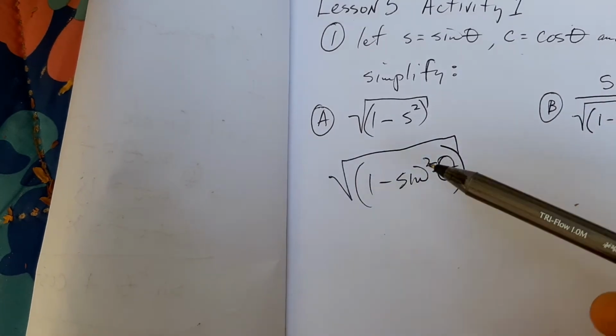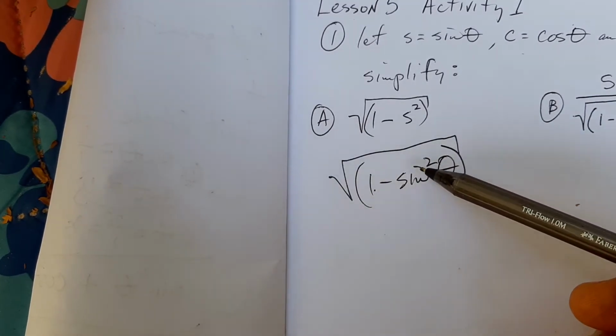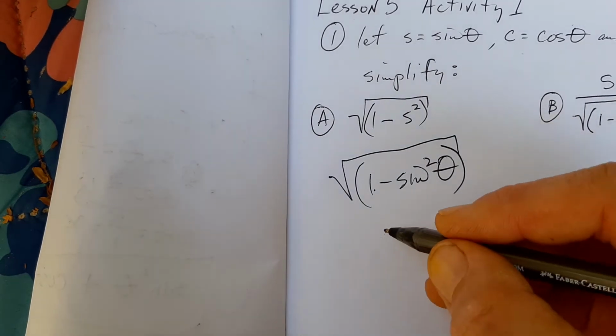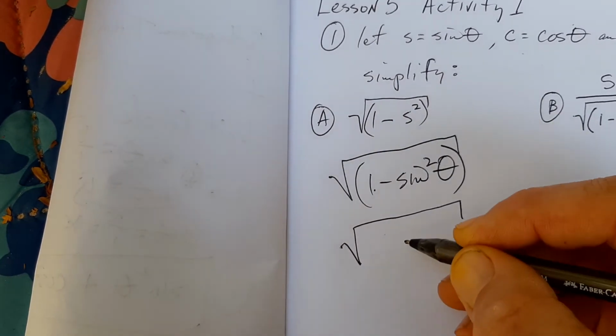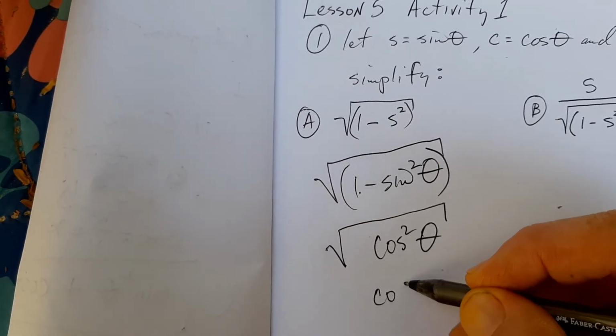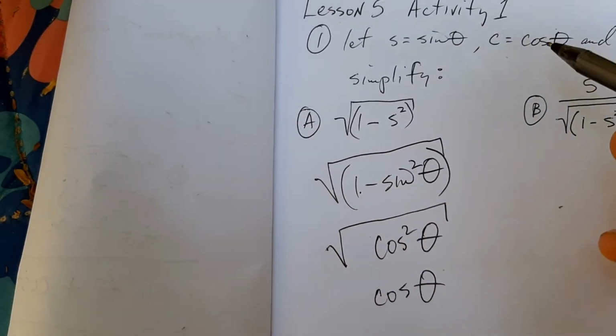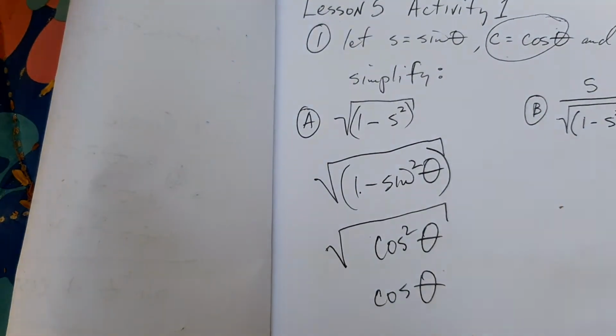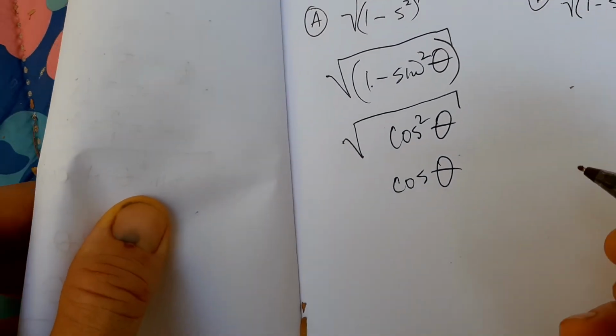So if I subtract sine squared from both sides, 1 minus sine squared theta has to be cosine squared theta. So I got the square root of cosine squared theta, so it's just cosine theta. And for the answer, they want you to go back up here, and cosine theta equals c.